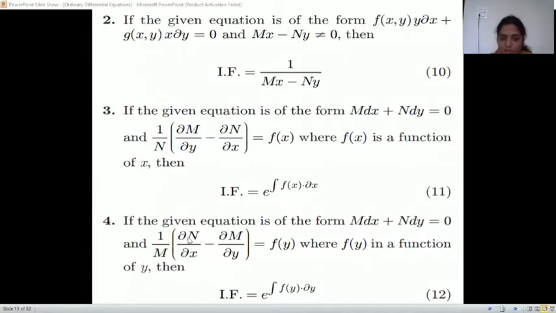So if we take ∂N/∂x first and minus ∂M/∂y, we have to divide by M if something is common in M, right? And what we get is a function of y, and then we write the integrating factor is e raised to integration f of y dy. Multiply it to the given equation, it will become exact, and we can solve.